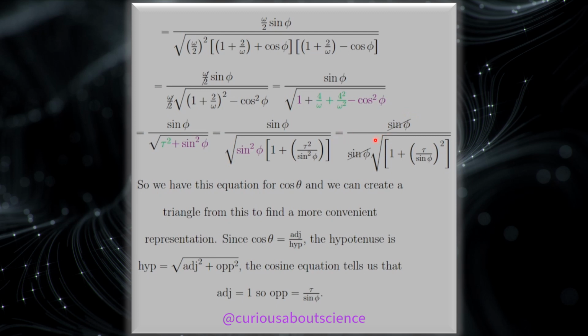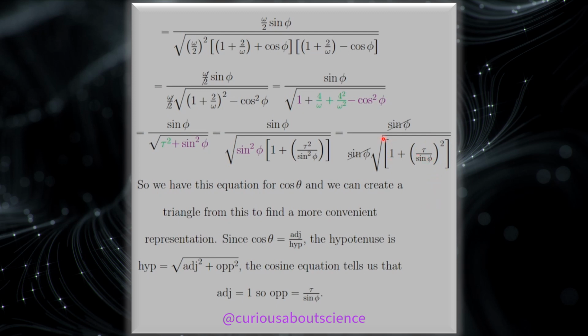So here what we have is equal to sine over sine after we plunge that out of the square root, cancel, cancel. And after all of that, we're now in a situation where we have this equation for cosine theta, and we can create a triangle from it for a more convenient representation. Again, going back to the fact that cosine theta is equal to adjacent over hypotenuse, our adjacent side up here is 1, and our hypotenuse is 1 plus this parenthesis term here.